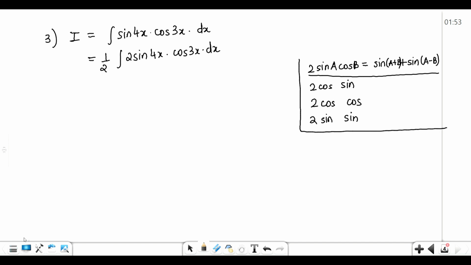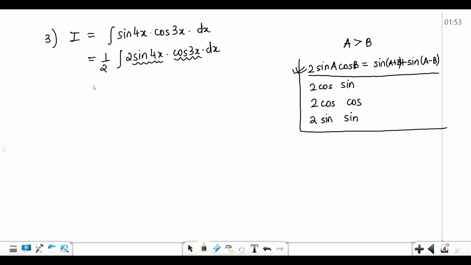We are just using the first one, 2 sin a cos b. Here you should remember that a should be greater than b. Since 4x is greater than 3x, we write the 4x angle first and then the smaller one.